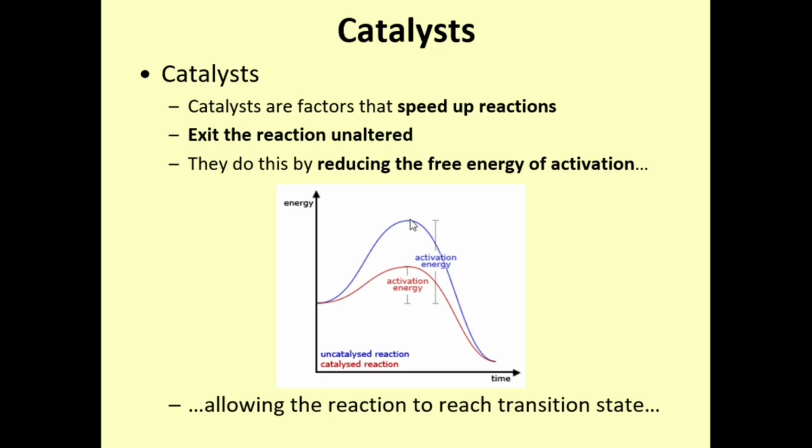So in the case of our methane, we think about it, it's CH4, so carbon surrounded by 4 hydrogens. What will happen if there's not enough energy, so we're just at room temperature and we turn our gas tap on, the methane will just leak out into the room. We add a flame to it, that adds energy to enable the methane to get up to the top of the graph here, so for it to reach the transition state.